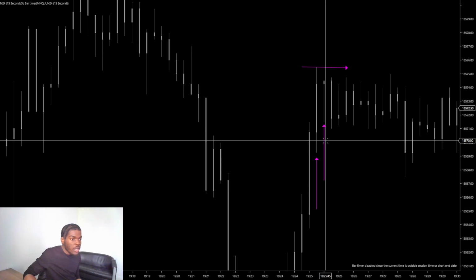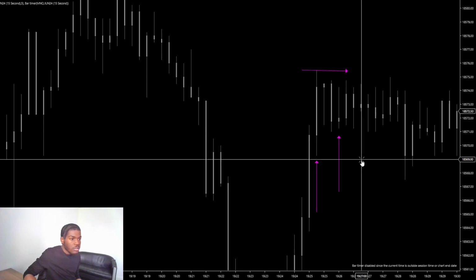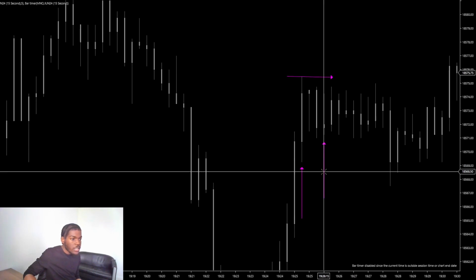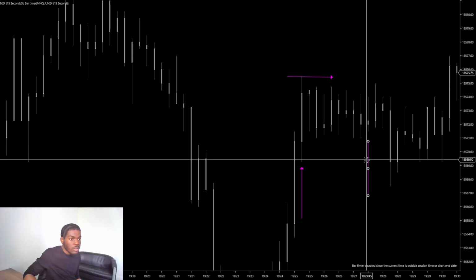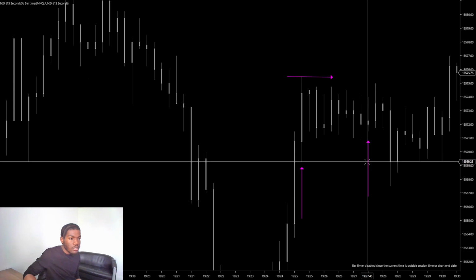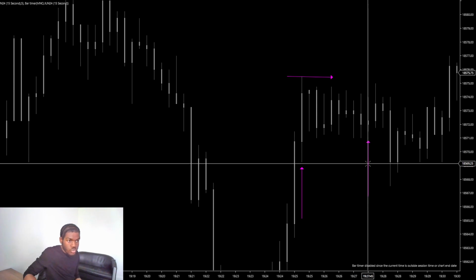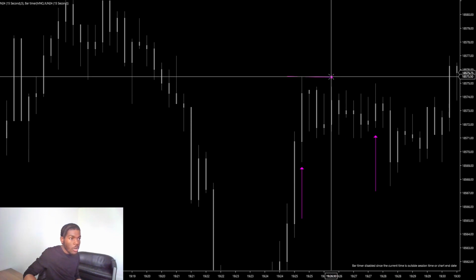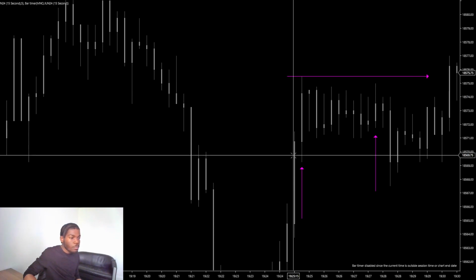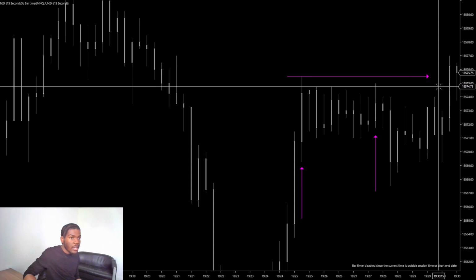The same way this candle is not valid, that candle is not valid, that candle is not valid, and I'm highlighting up candles right now. This up candle is not valid because it did not move above the previous up candle's high.